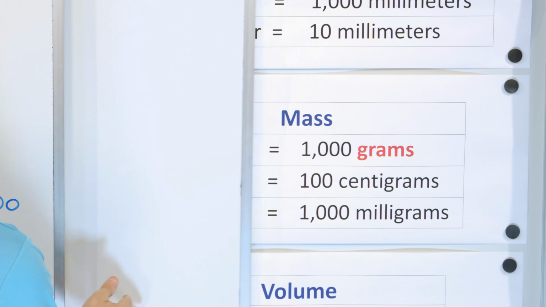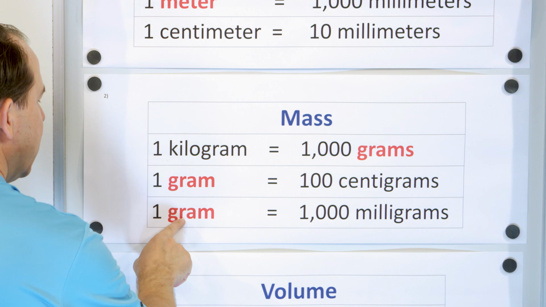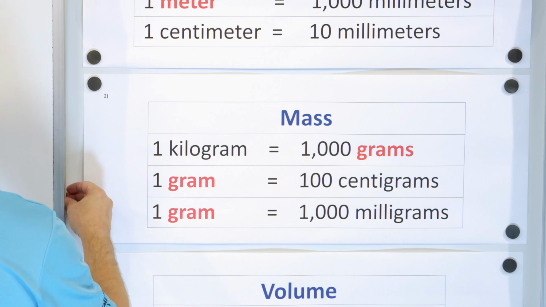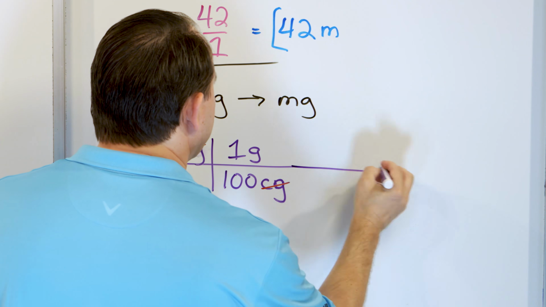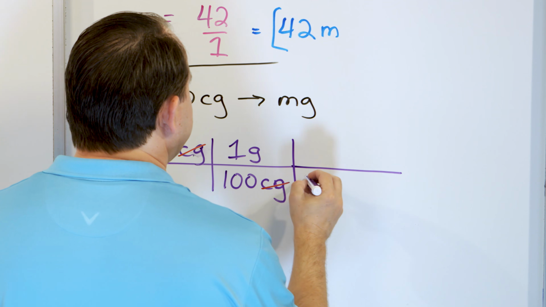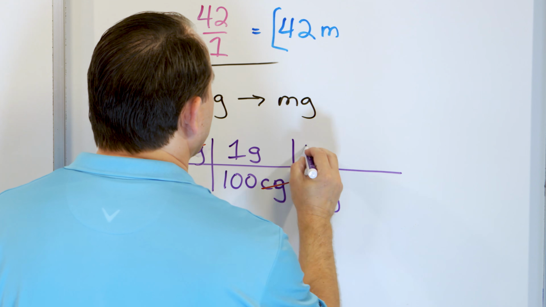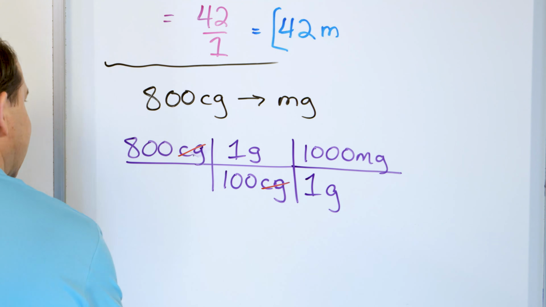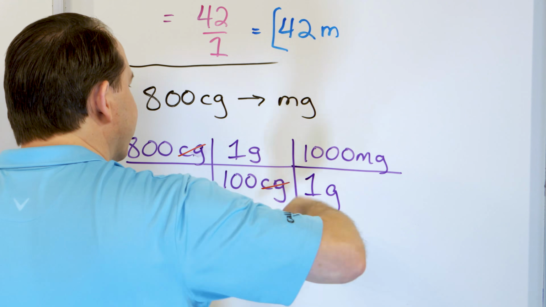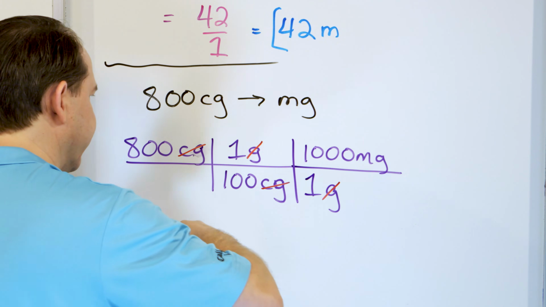We want to go from grams to milligrams. 1 gram is 1,000 milligrams. So we continue our table, we can string them along, and we say that 1 gram is 1,000 milligrams. And then by arranging it like this, if we flip it over, nothing will cancel. Arranging it like this means grams cancels with grams.